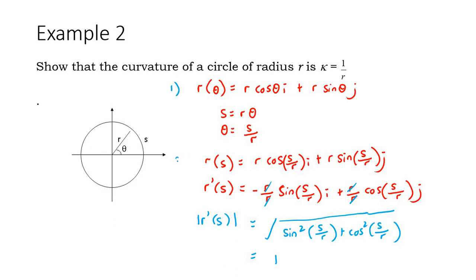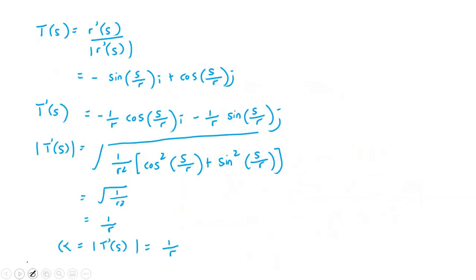Then r is a function of s, and we find r'(s) and its magnitude. Then find the unit tangent vector in terms of parameter s, then T'(s) and its magnitude. Lastly, kappa is exactly the magnitude of T'(s), equal to 1 over r.